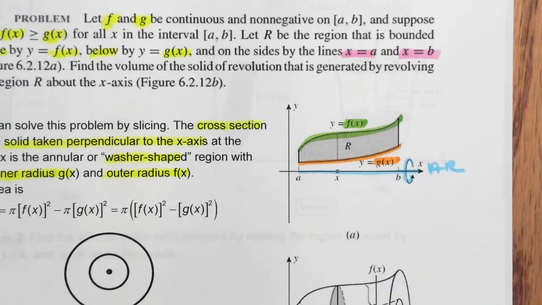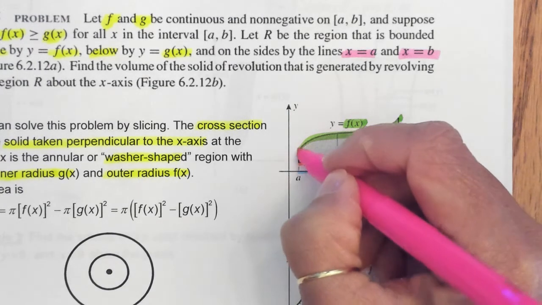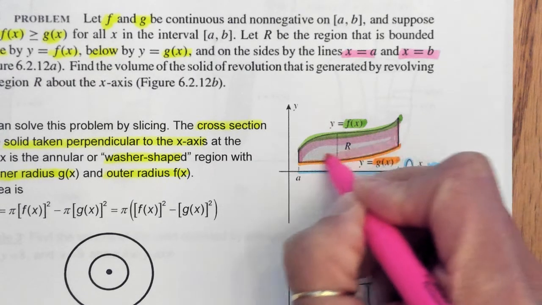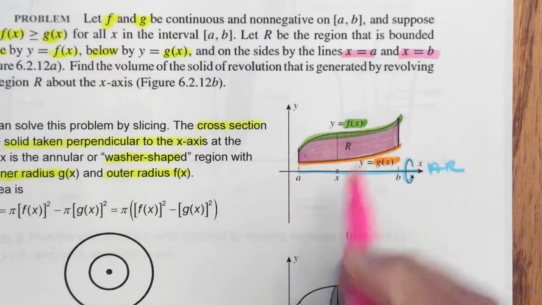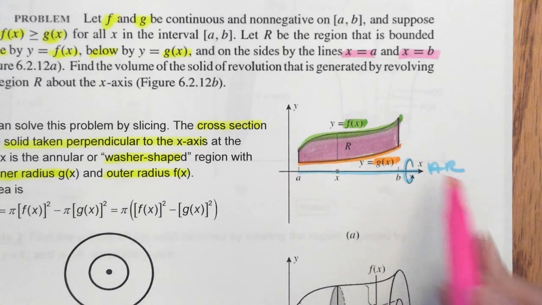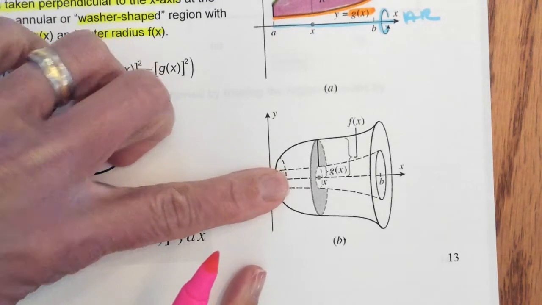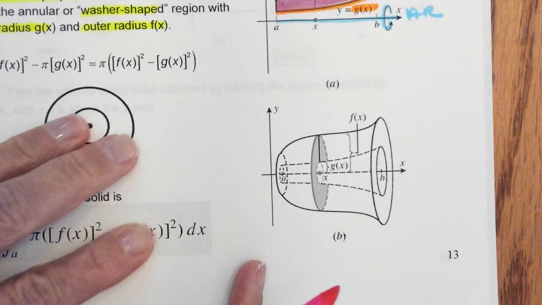And what happens is when we close this off from A to B, and we take this region and we revolve it around the x-axis, we get this channel or this hole in the middle, which is what you see below in that figure right here. Okay? So this is what they're talking about.